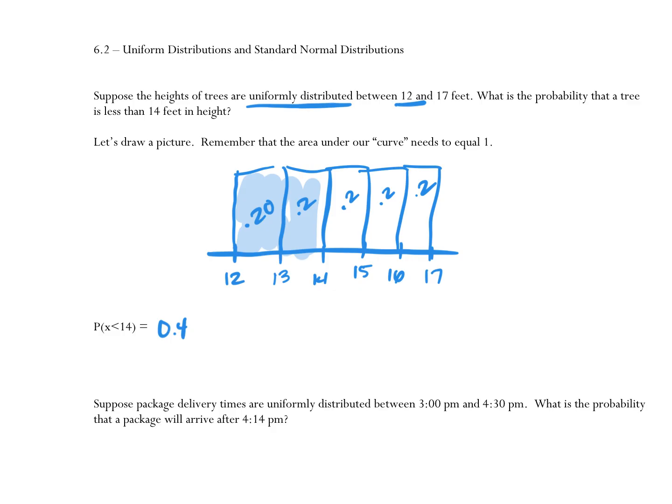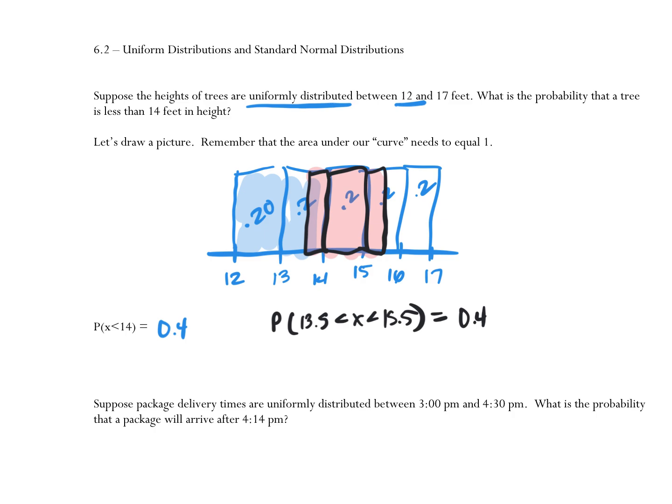Now, what if I asked the probability x is between 13.5 and 15.5? If I shade that, that would be roughly this. What area is that? It's also 40%, because we could look at it as this is 0.1 and then 0.2 and then another 0.1.